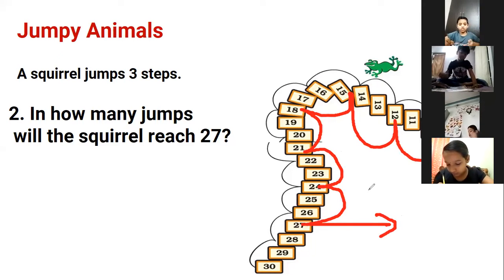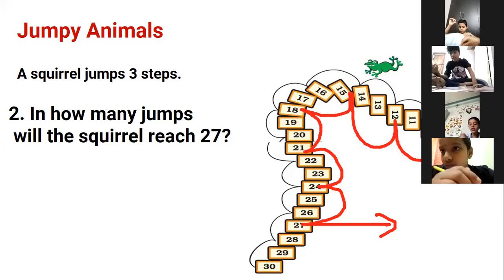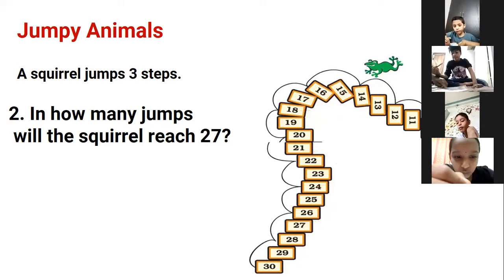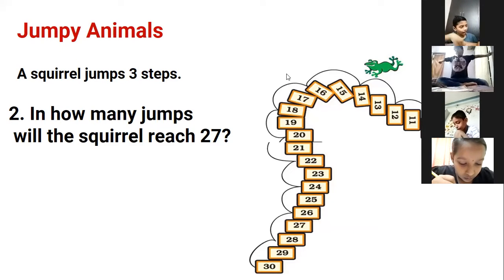How many steps? 9 steps. While drawing, you can say it is 9 steps, but we have to do the problem using division. Then how to do? 27 divided by 3 is equal to 9, ma'am. Excellent. 27 divided by 3 equals 9.